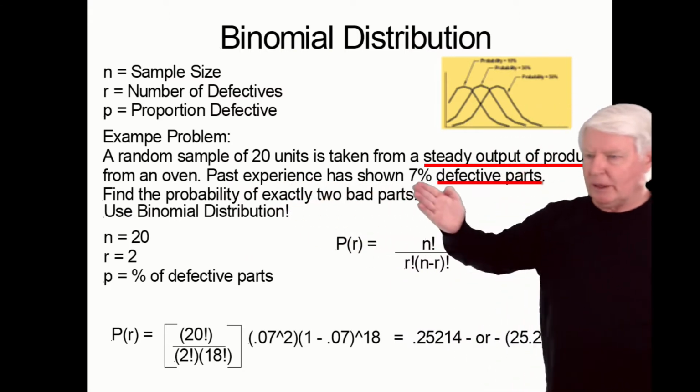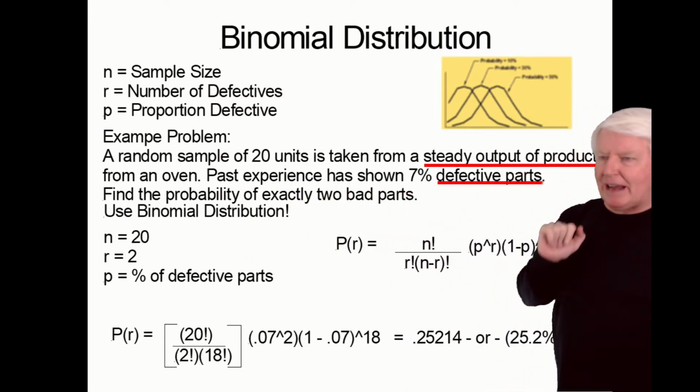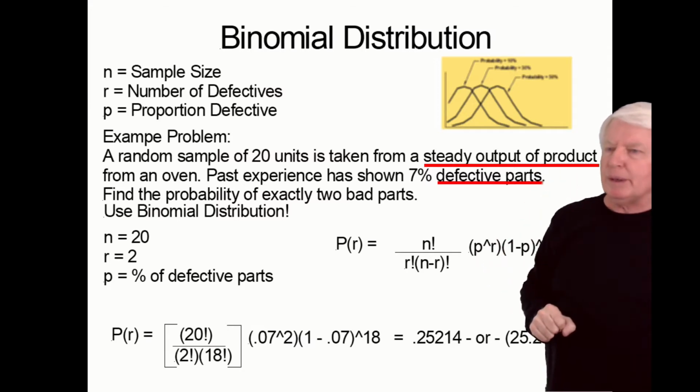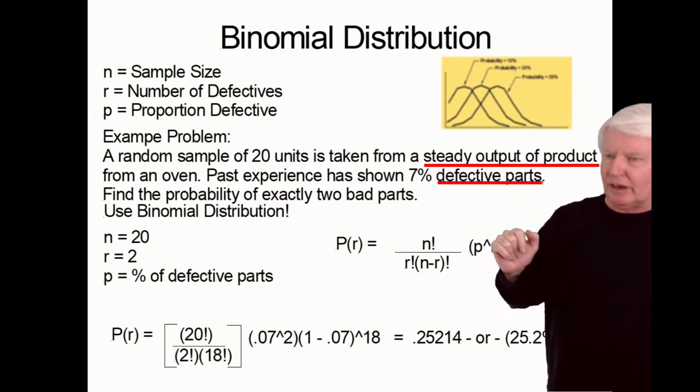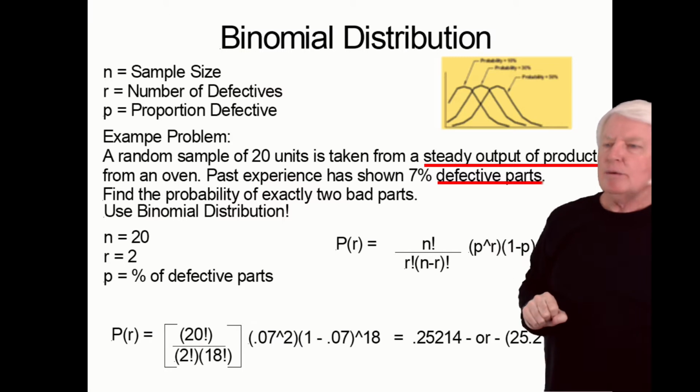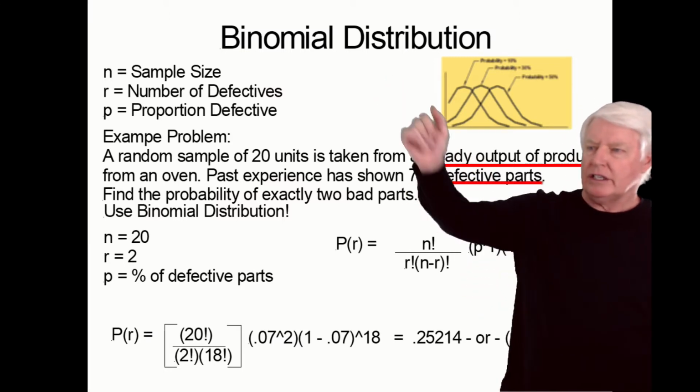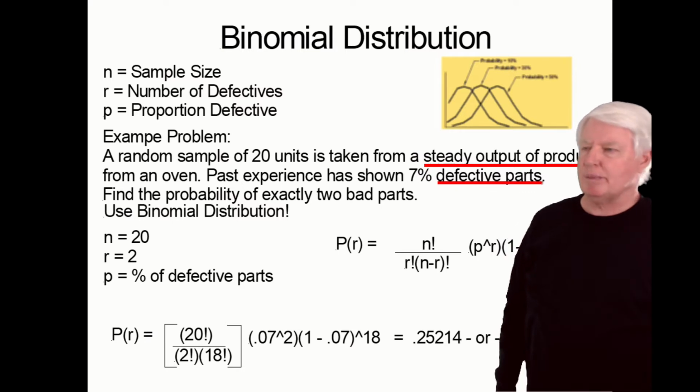Past experience has shown 7% defective parts. There's the key word, two key elements: steady output of product, so the odds are constant, and defective, meaning bad parts. That's how I know to use the binomial distribution on this problem.